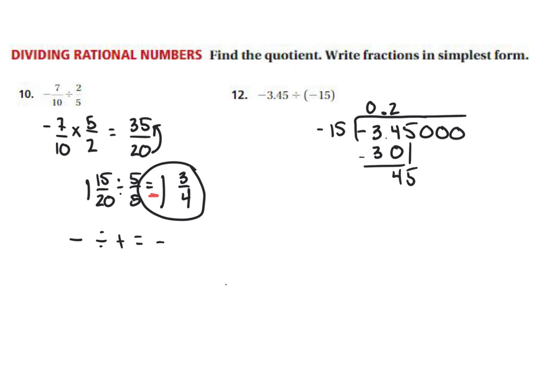And 15 goes into 45 3 times. 3 times 15 is 45. So I didn't need those extra zeros. That's okay. Now I'll look back and see that I had a negative divided by a negative, which is a positive. So I get positive 0.23.